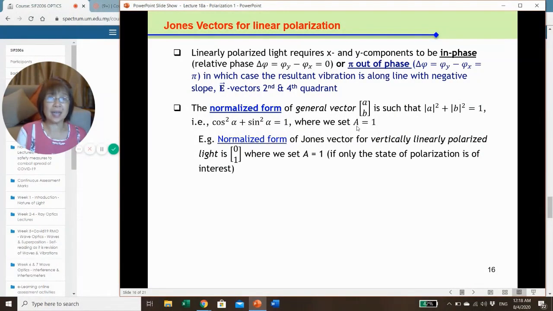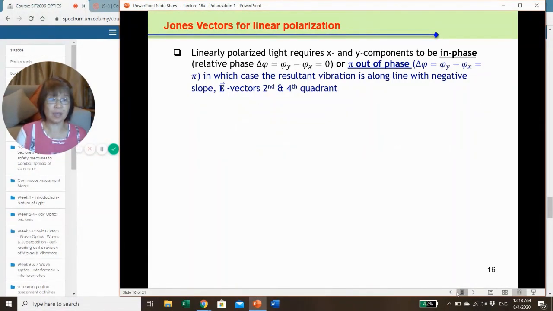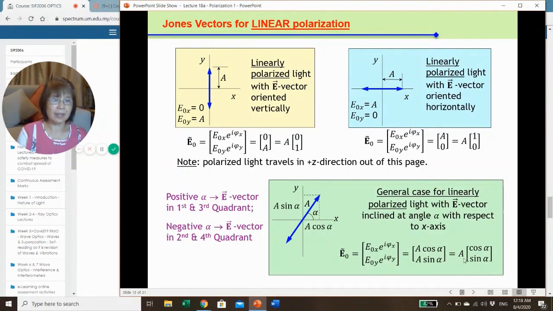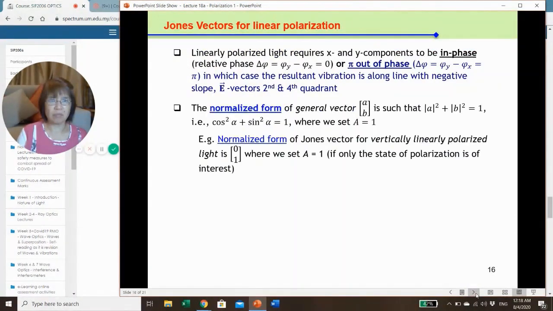So in this case, for the normalized form, the factor A that we took out, which was here, we set to 1, then we will have the normalized form. So for example, the Jones vector for vertically linearly polarized light is 0, 1. Here you see that 0 squared plus 1 squared is equal to 1. So that is already a normalized form. So we set A equal to 1.